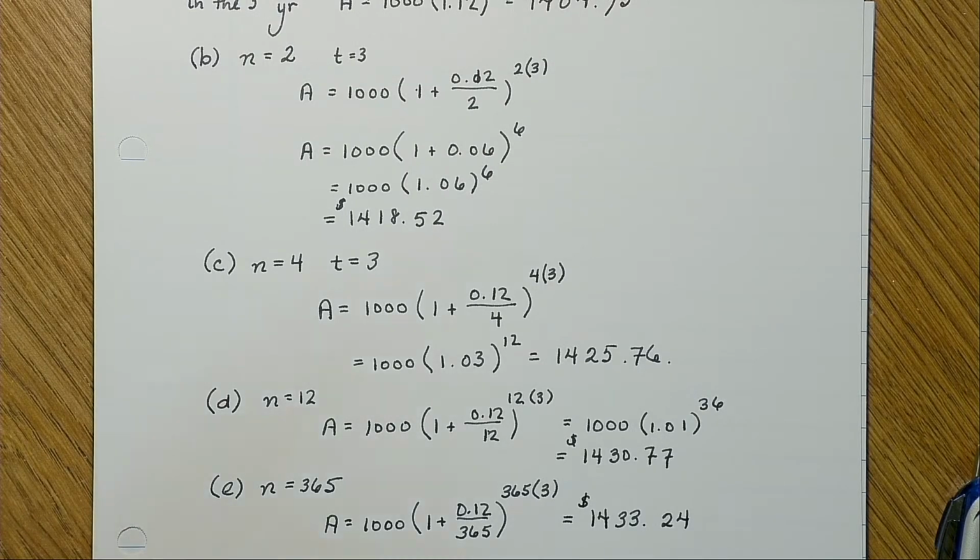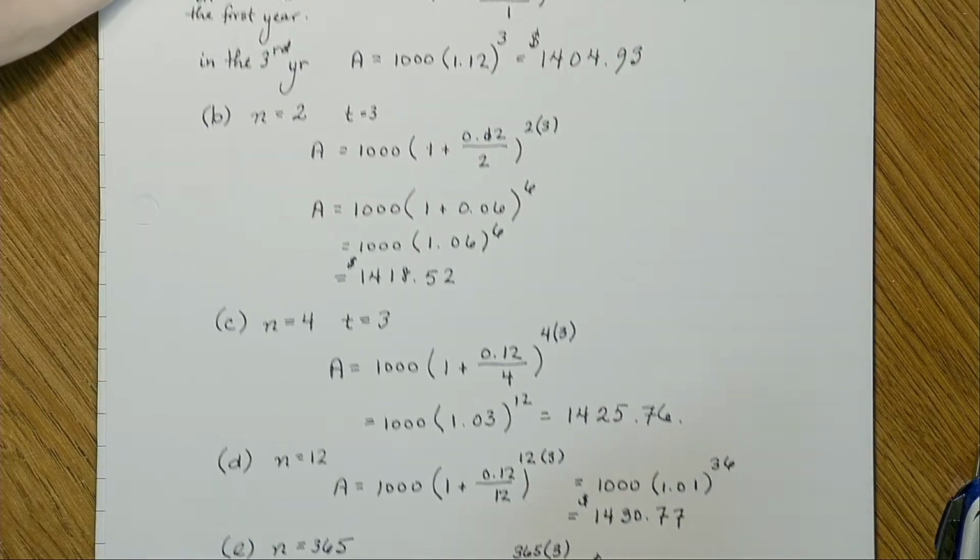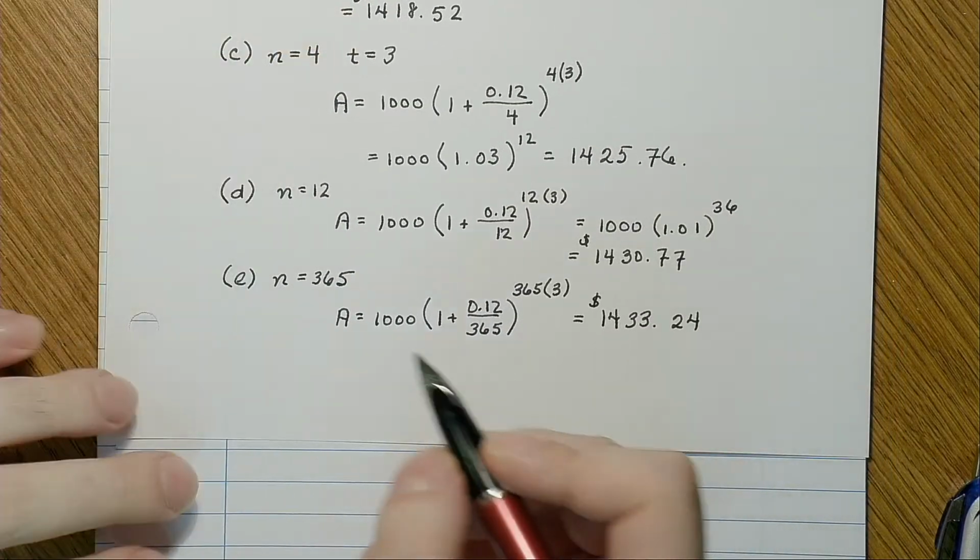So we see from this example that interest paid increases as the number of compounding periods n increases. So let's make a note of that.